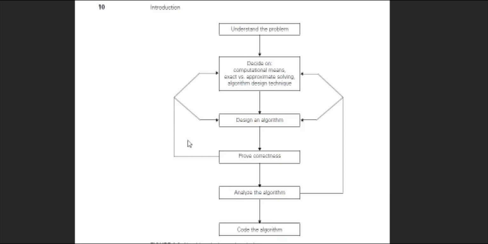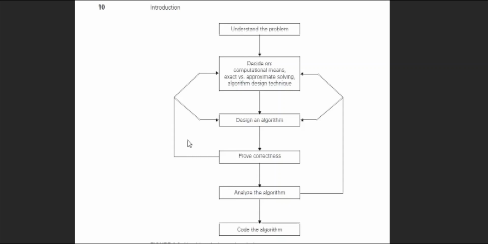The second step is deciding on computational means, exact versus approximate solving, and the algorithm design technique. Depending upon the problem, we must calculate the computational means, which we will need for designing the algorithm. It will take functional requirements and non-functional requirements. Next is exact versus approximate solving.